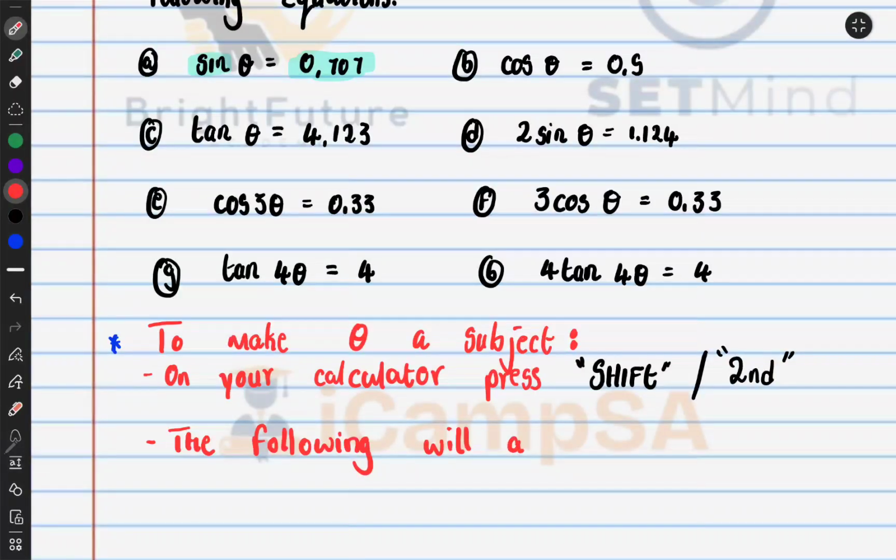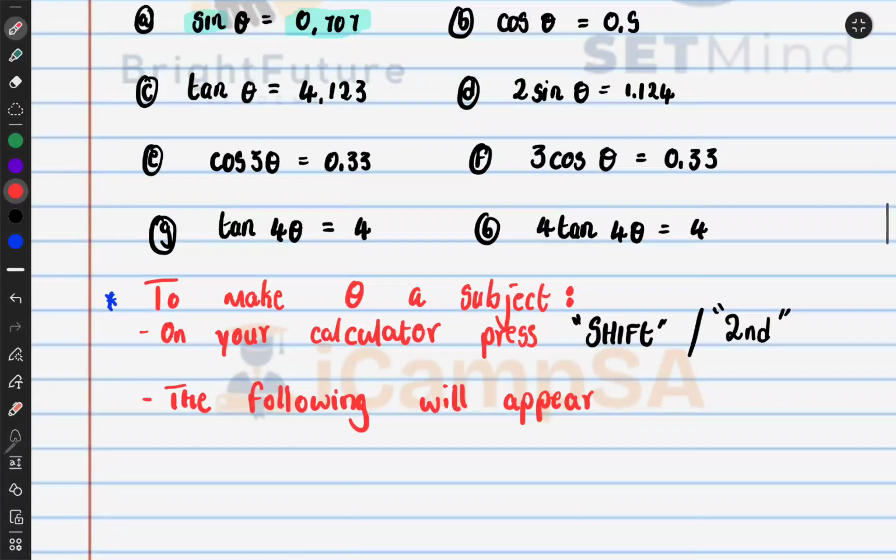Once you have pressed shift, you press the trigonometric ratio you are dealing with. Let's say you are dealing with the sine trigonometric ratio, this will appear now: sine inverse, and then with the brackets, or cos inverse brackets, or tan inverse brackets.